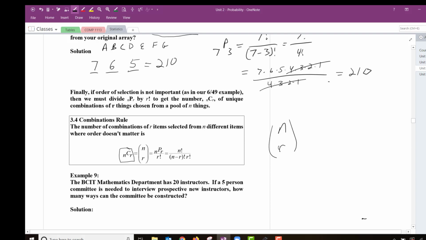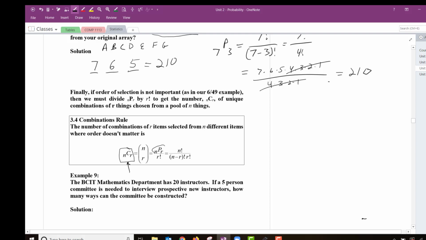You'll see this notation more commonly in sequences and series, or if we represent Pascal's triangle. But on your calculator, the button is nCr.